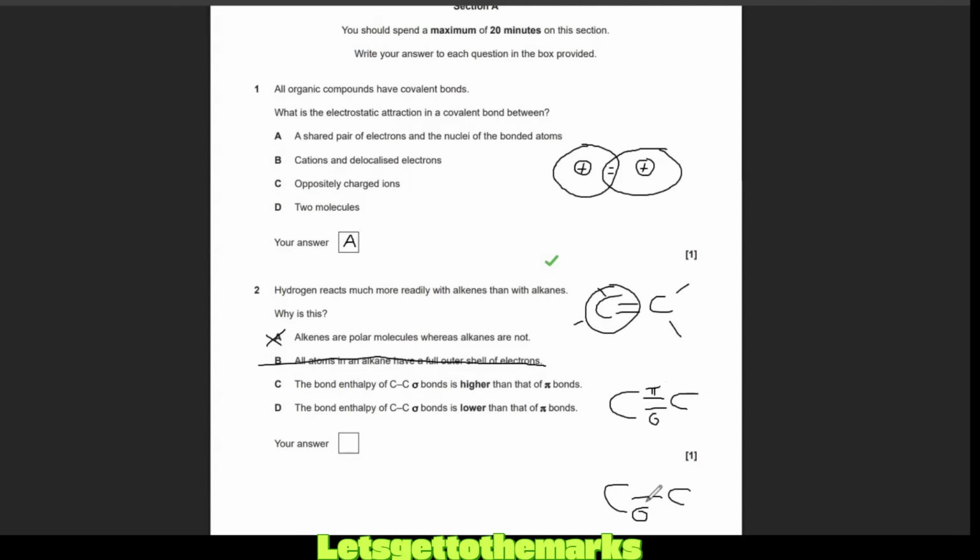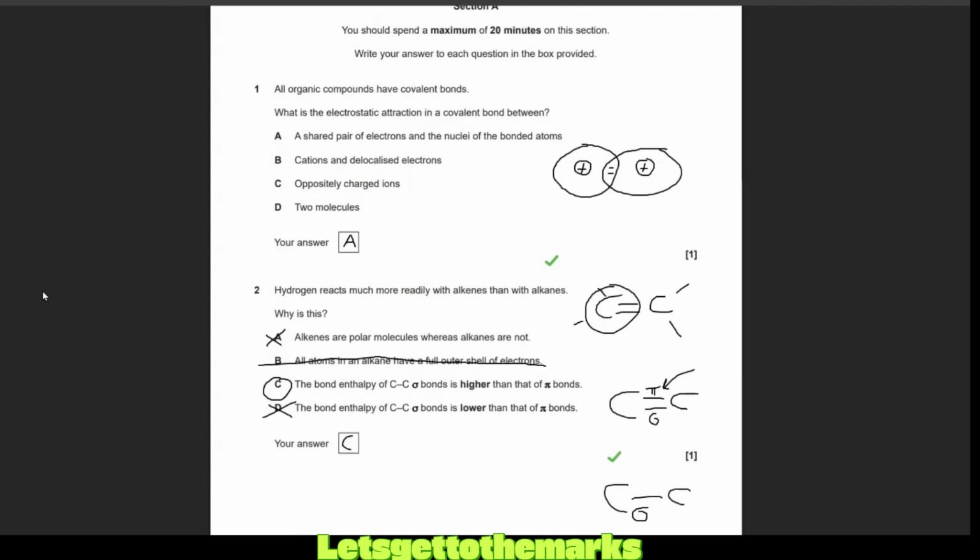So if one of these is going to break, it's easier to break the pi bond on the double bond than it is to break the sigma bond on the C-C single bond, even though together both of those have a higher mean bond enthalpy to break. It's easy to just break the pi bond and get that alkene to react. So the answer is C. Coolio. The sigma bond, the single bond, is stronger than the extra bond we get with the double bond. All right, let's move on.